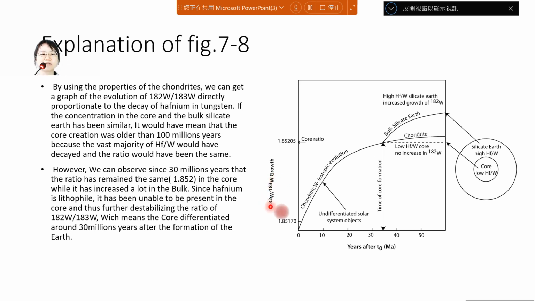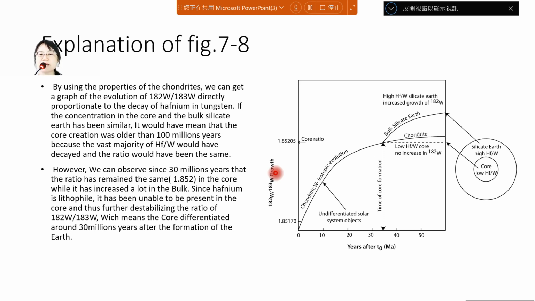When you divide tungsten 182 by tungsten 183, you are talking about whether our mantle sample is relatively enriched compared to chondrite. You are not talking about absolute enrichment, because the absolute enrichment depends on how much hafnium 182 the sample had at the beginning.